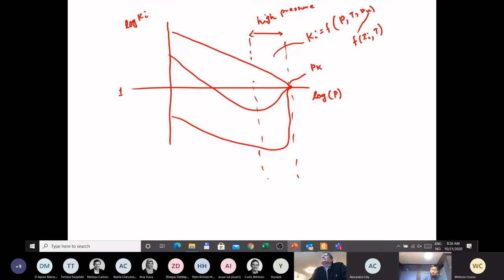So if you have a different composition at any given pressure, we are changing these K values dramatically. So in the CCE experiment, we have a constant composition and a constant temperature. So you have a constant convergence pressure, but these K values are changing with respect to pressure only.